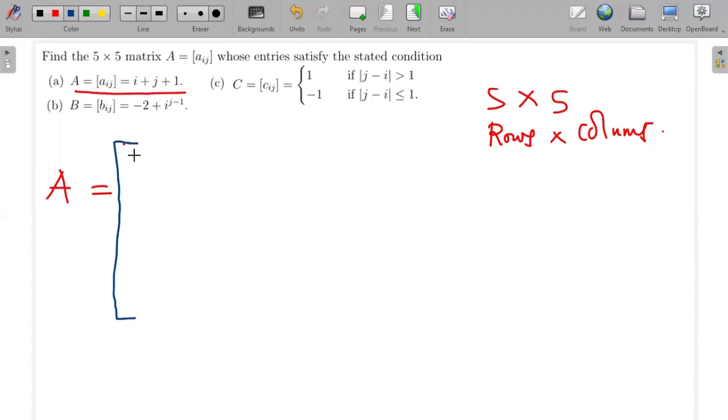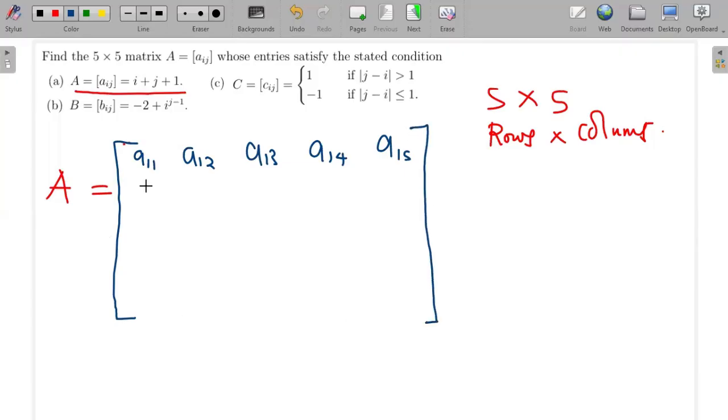So the first element here will be in the first row and first column, so it will be A11. The second element will just be A12 because this is now the second column. It will be A13, third column, A14, fourth column, A15, the fifth column.